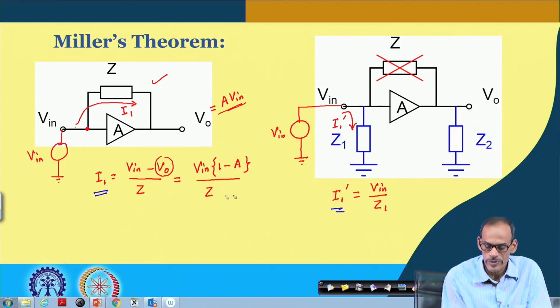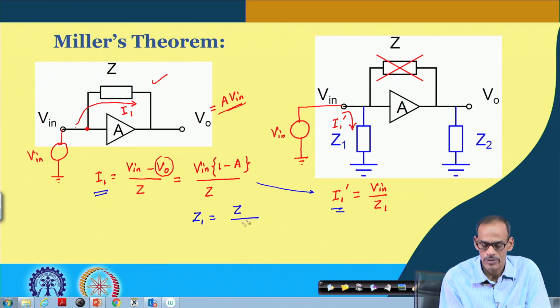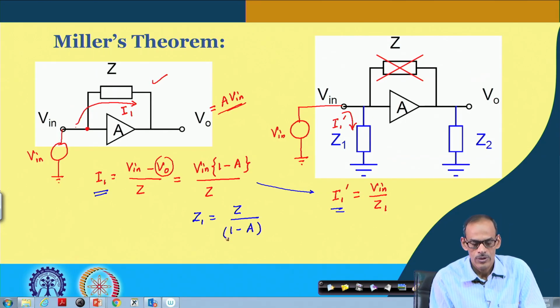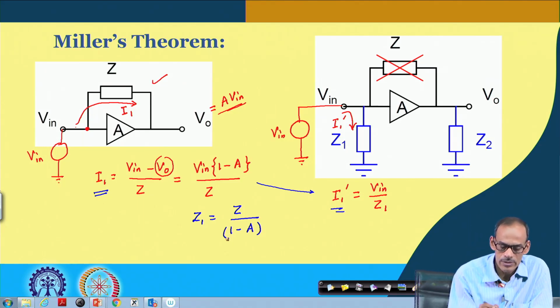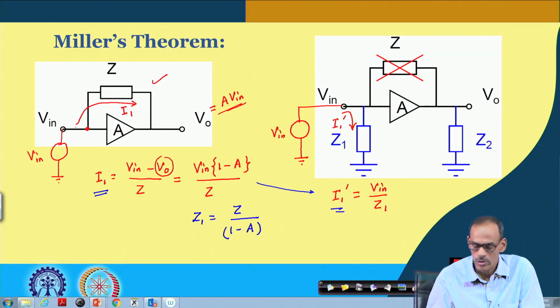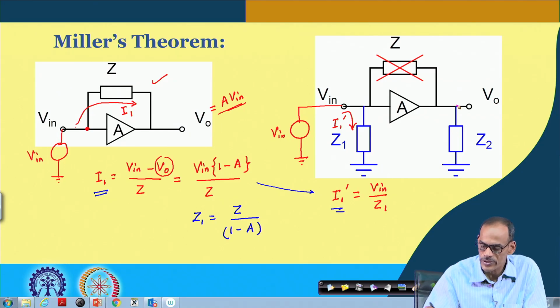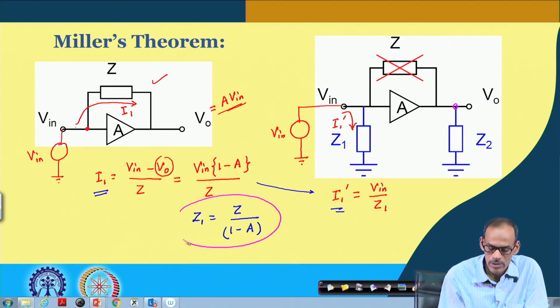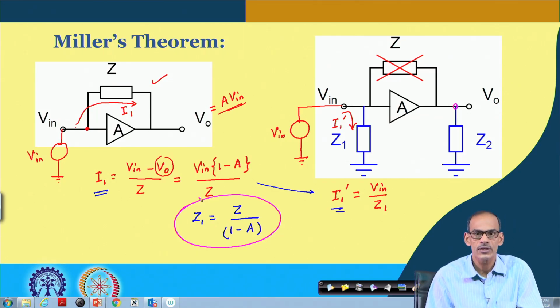If I equate these two, what we get is Z1 equals Z divided by 1 minus A. Likewise, for the output port, we can do similar things. Please try to remember this relationship: Z1 is equal to Z divided by 1 minus A.